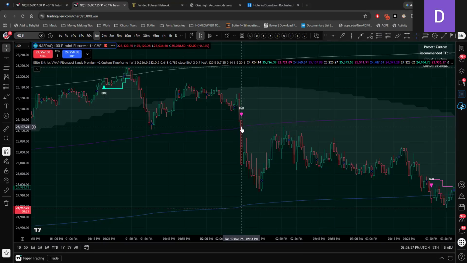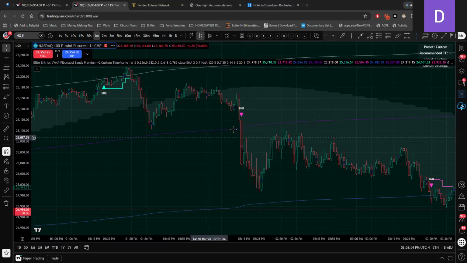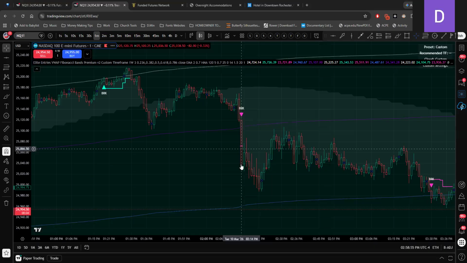Okay? Depending on how big the candle is and where the candle closed, market orders are acceptable. Here, for example, market order is acceptable. Reason why? Because it closes right on the line. Here, market order, not acceptable.